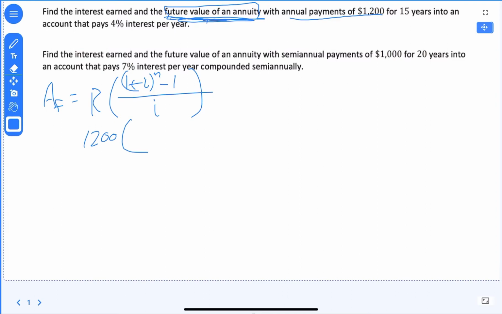How are we going to figure out what is our I? Sorry, what is I? Over 15?